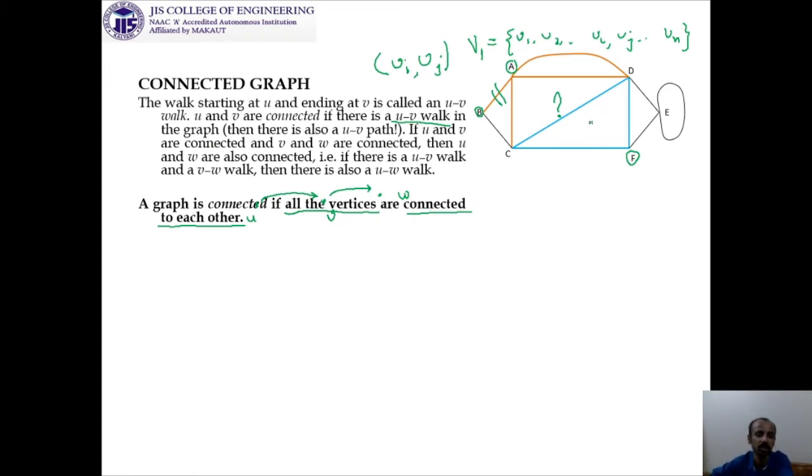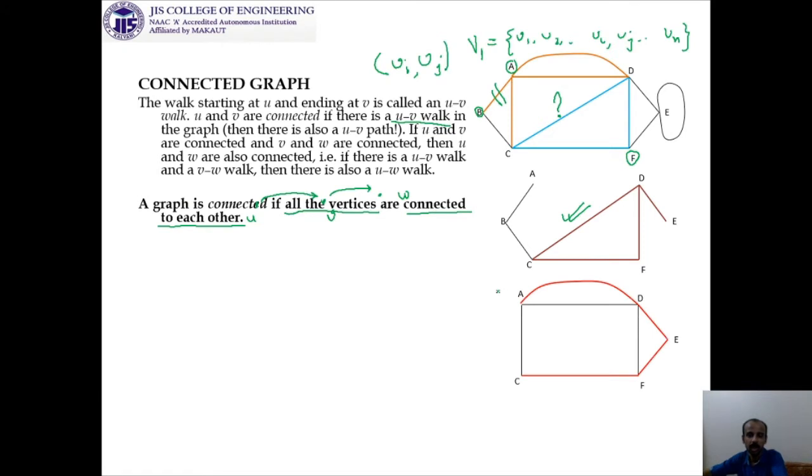Then only we can call it a connected graph. Clear? If we take this graph and want to check whether it is true or not, it will also be true for this one. Now if we want to check for this one also, we will see that it will be true. You can check it for your own purpose.